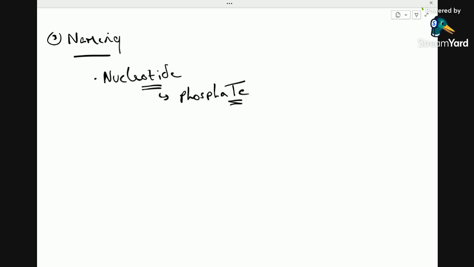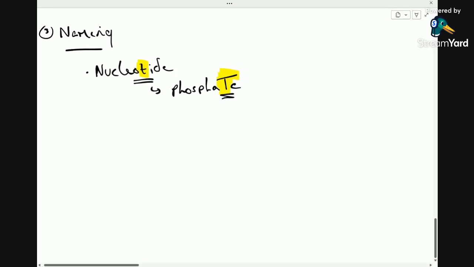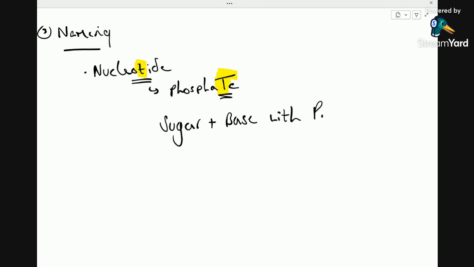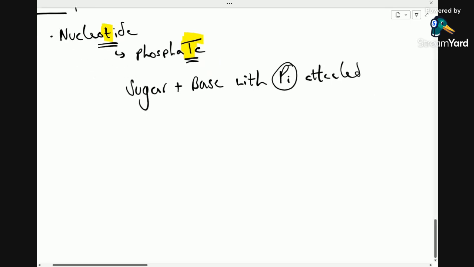Okay, so nucleotide has a T in it, as does phosphate. What a nucleotide is, it's a sugar and a base with inorganic phosphate attached, as we've seen.